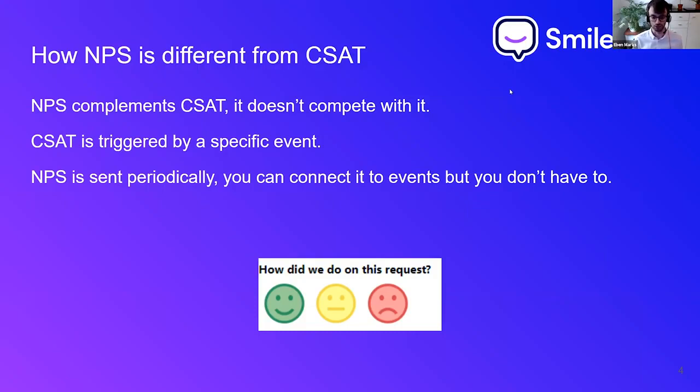So somebody might give you a neutral or negative CSAT score and say something that is very specific, like this took too long, or you said my printer would work and my printer doesn't work.